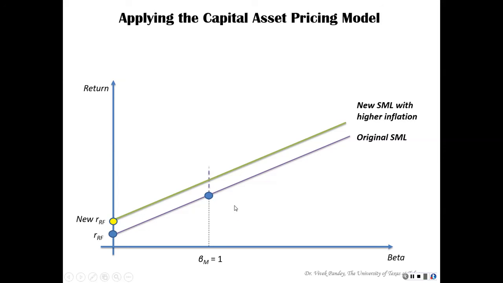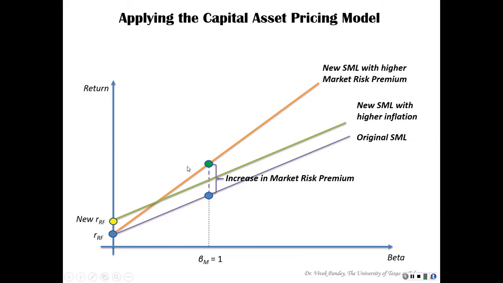If risk premium goes up, then we have a new market return, right? And because of this increase in market risk premium, we have a new SML. And what happened now? Well, there's not a parallel shift, but it rotated, right?